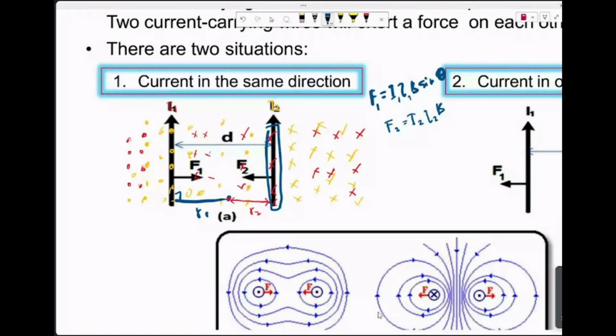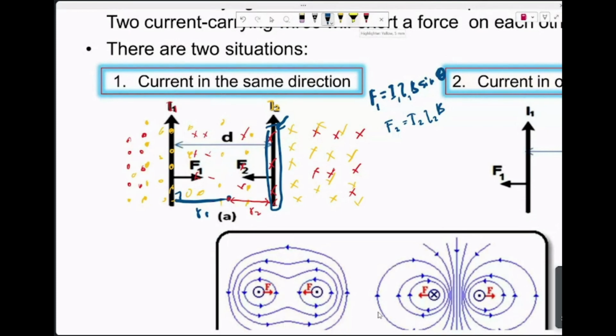The magnetic field at I2 is exactly at the wire. You can't have magnetic field produced by I2 at that current itself.